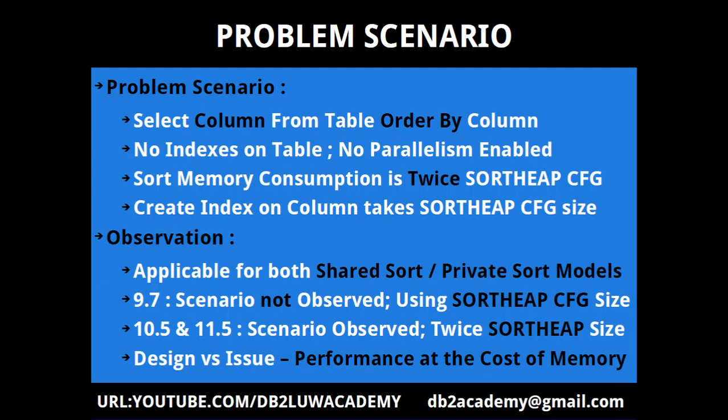That is the issue. So consistency, that is why I'm not able to completely digest the fact that this is a design thing. That is where my contention lies. Because if you are giving me performance at the cost of memory, it should be applicable in both cases. I need performance improvement in both scenarios, not in just one scenario.